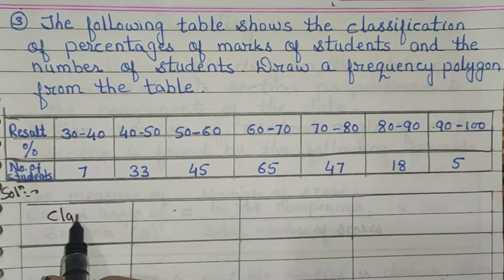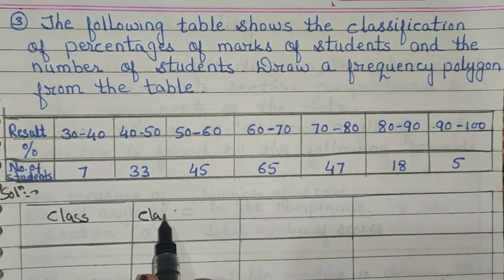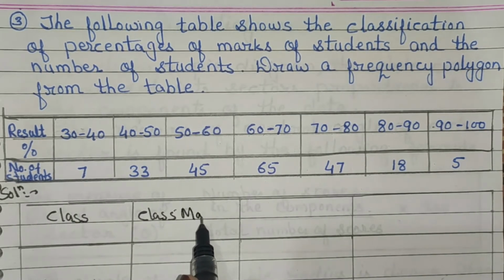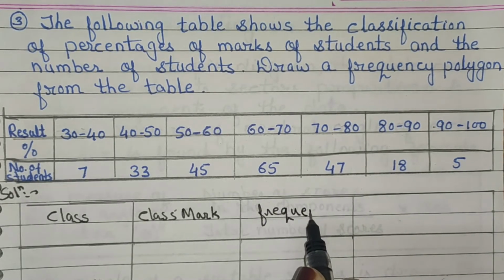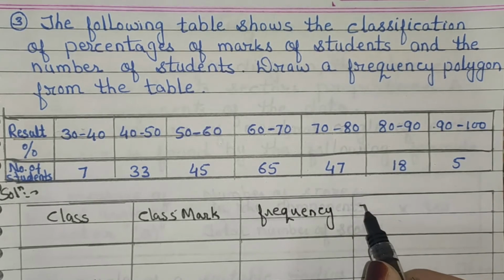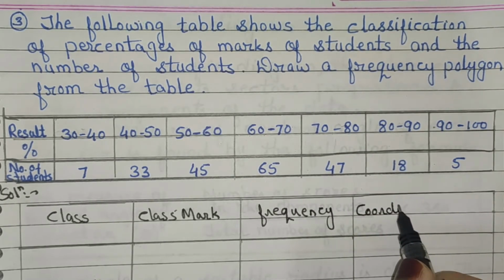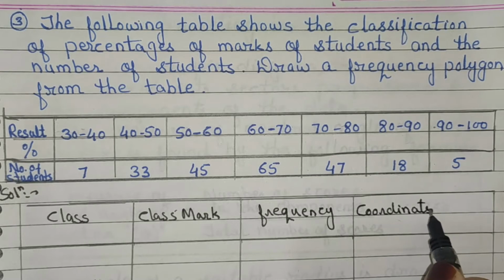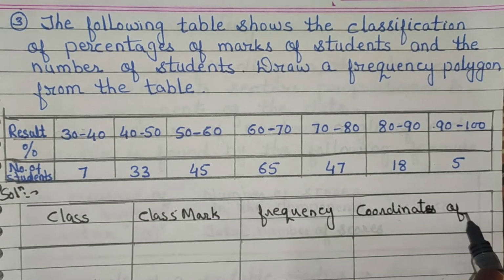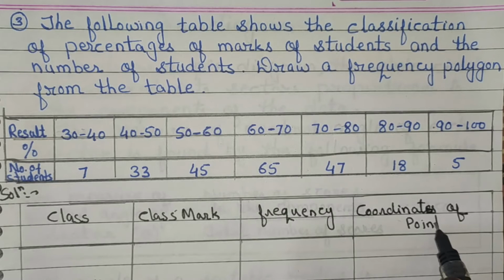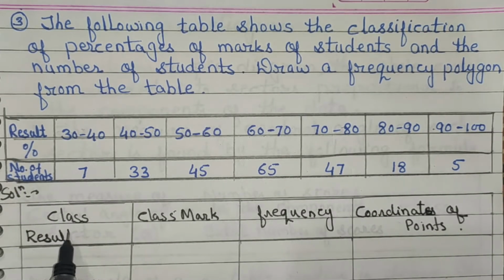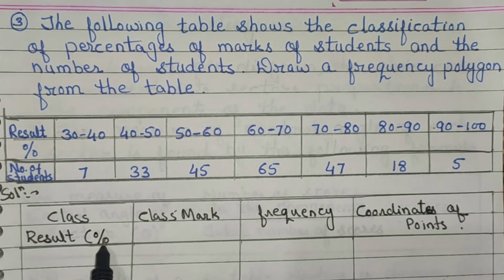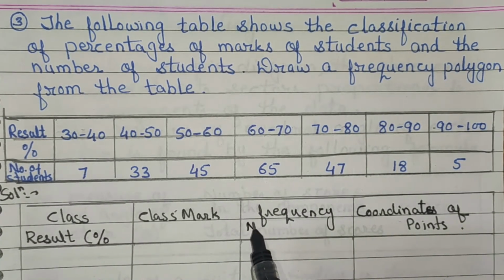First column is class, second one is class mark, next one is frequency, and the last one is coordinates of points. Now here classes are result in percentage and the frequency is number of students. Write down here.